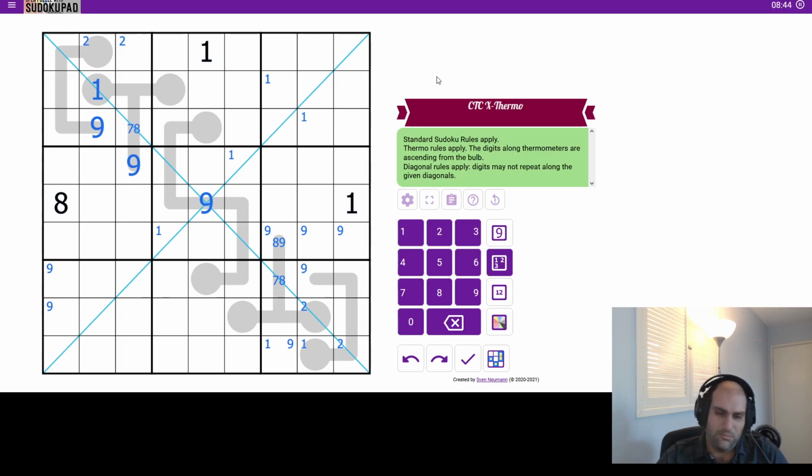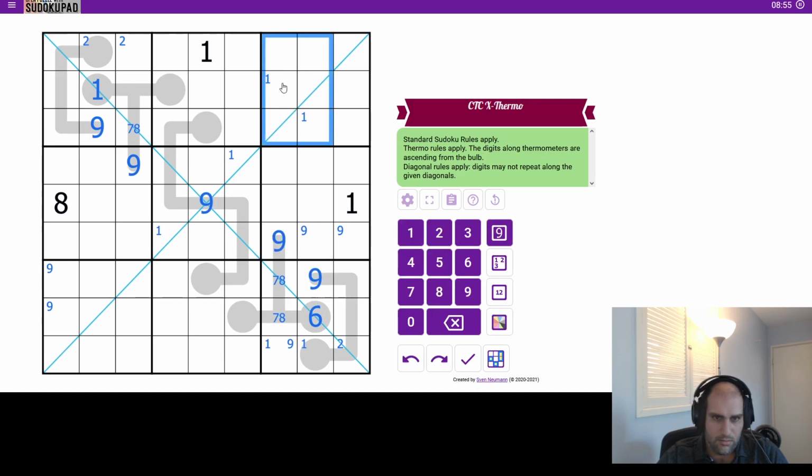So what is a problem then? 6 here is not a problem. Right? Let's just convince ourselves. 9 here, 9 there, 9 here. This now has to be the 2. Maybe it does cause a problem because I need to place 3 and 4 as well.